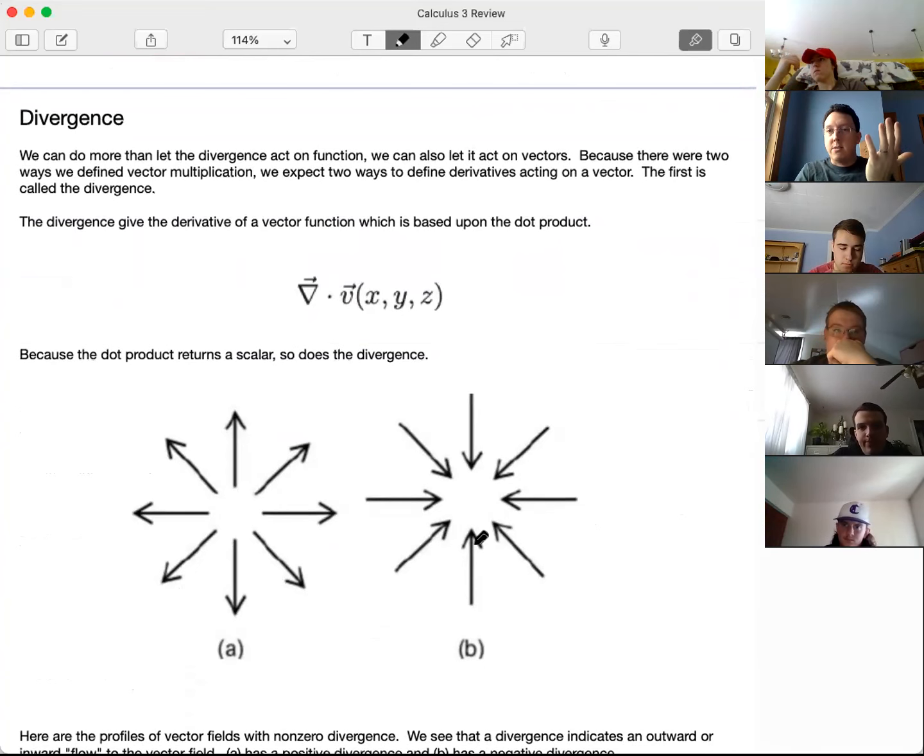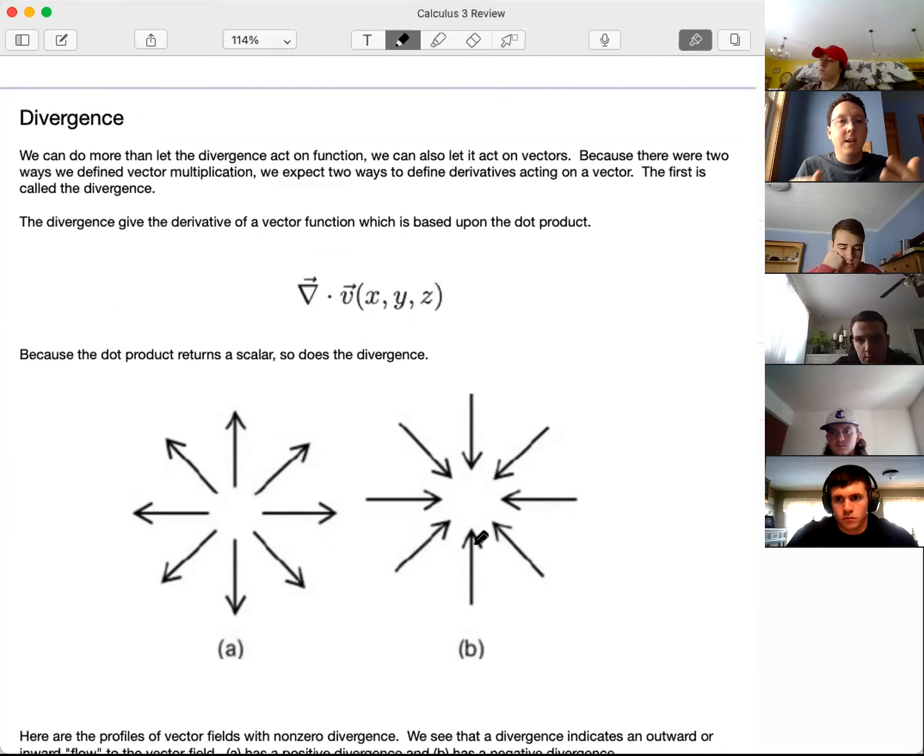The gradient is a vector thing, and we let it act on a function because it makes sense. Really, we can take partial derivatives of pretty much anything, but it makes sense to multiply a vector and a scalar. Other sensible combinations: basically every way that we had to multiply vectors gives us a sensible object we can define.